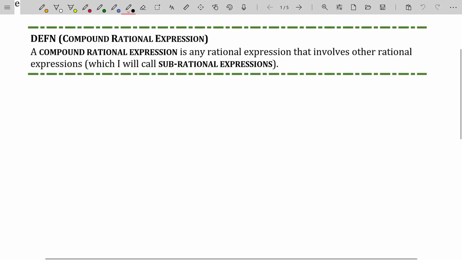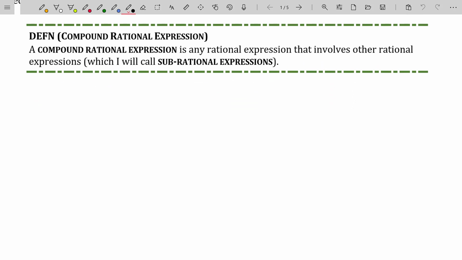A compound rational expression is basically a fraction containing fractions. Officially, it's any rational expression that involves other rational expressions, which I will call sub-rational expressions.